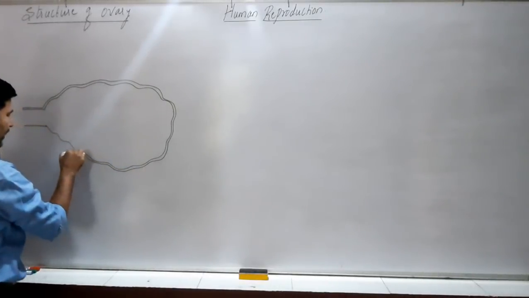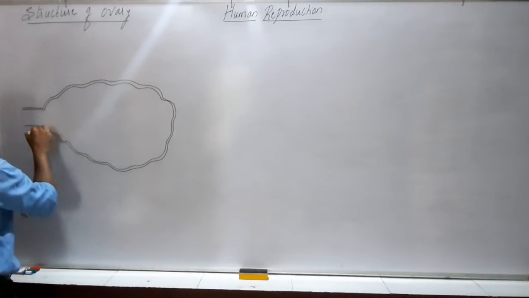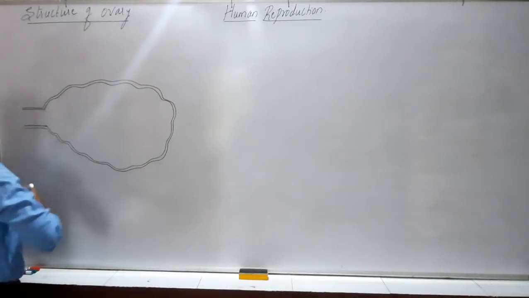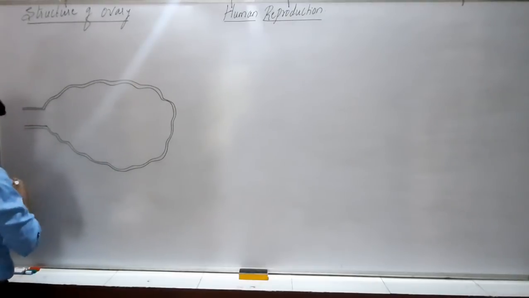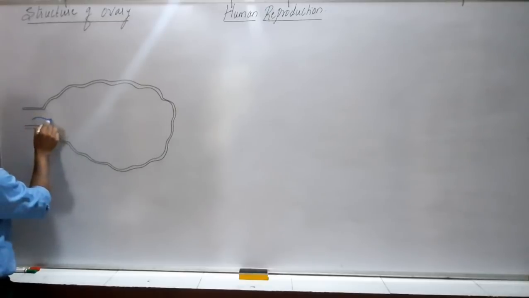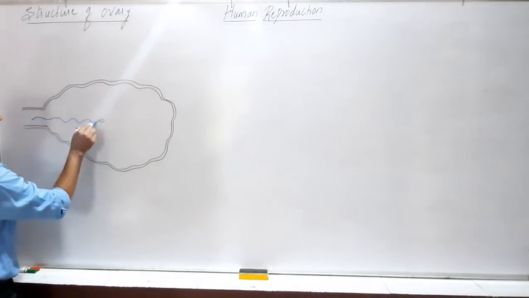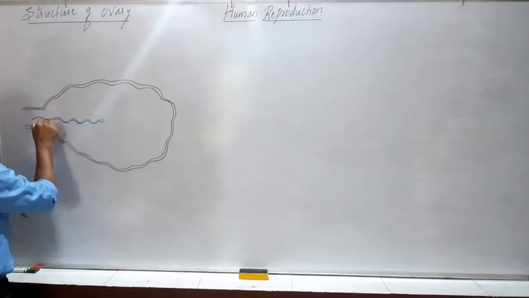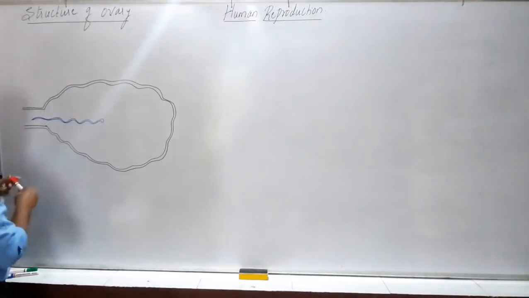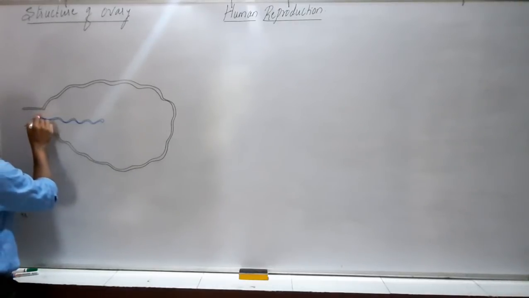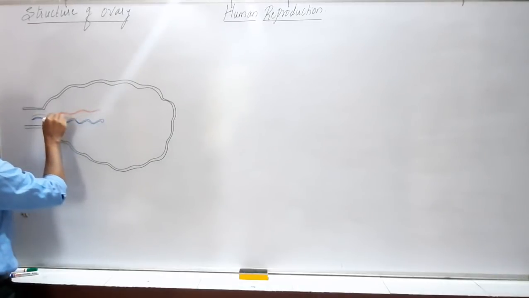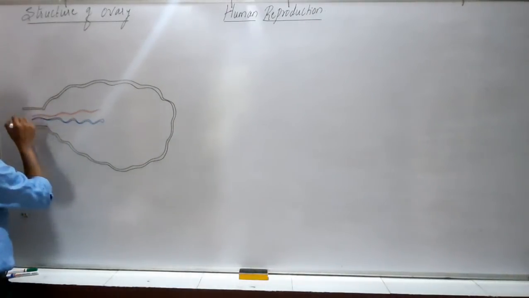It appears in this way in its sectional view. Inside this, it has certain blood vessels also, which are called arteries and veins. So this is a vein, and here we have the blood vessel called an artery also. So arteries and veins are present here.